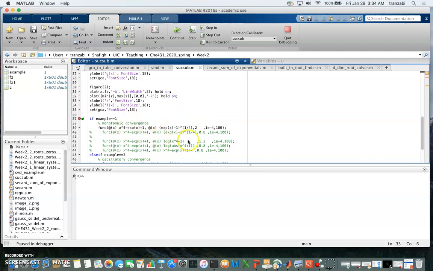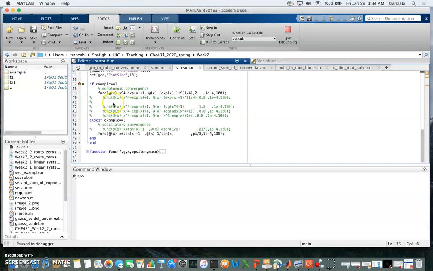And I provide some initial guess, a threshold for convergence check, and then the maximum number of iterations. I feed all of them into my function definition, and then later on down in the code, I define what this is. So this is the end of the main in the function script.